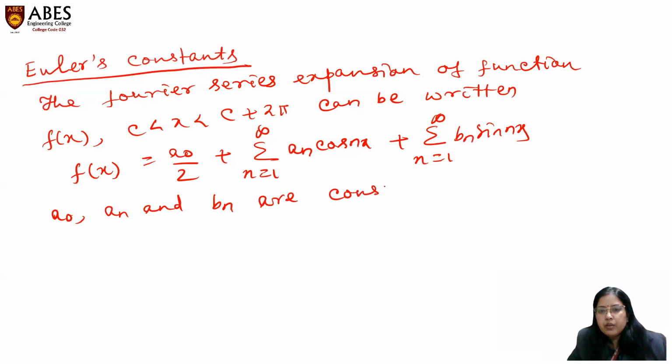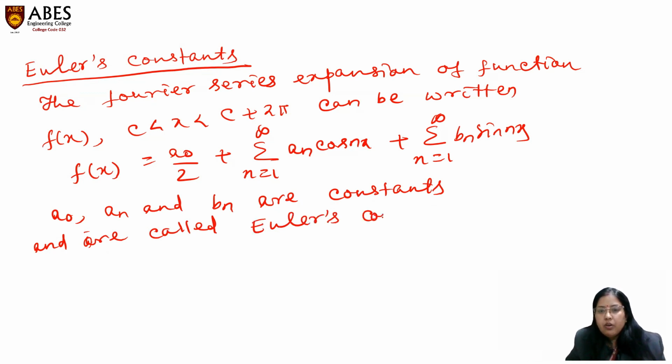Now these constants a0, an and bn are the constants which we need to find out, and these are called the Euler's constants, or we can say that these are the Fourier coefficients.